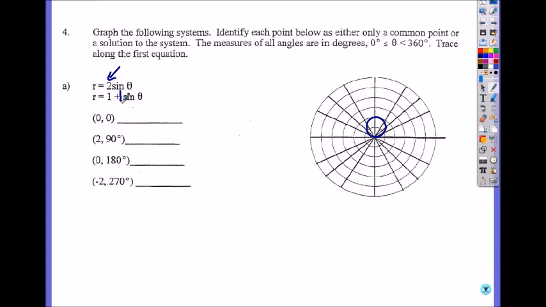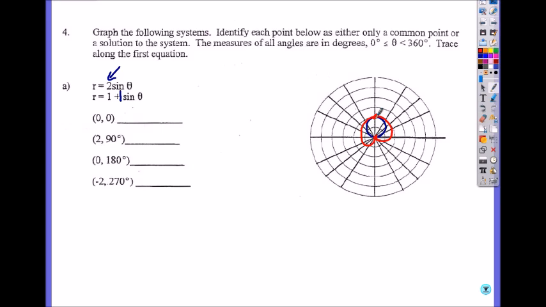That is a cardioid on the positive y-axis, and the total length will be 2, 1 plus 1. So it looks very similar to the one that we had, right? So how many common points would they have? 2 for sure, but we don't know if the solution will be 1 or 2, or it could be none, right?